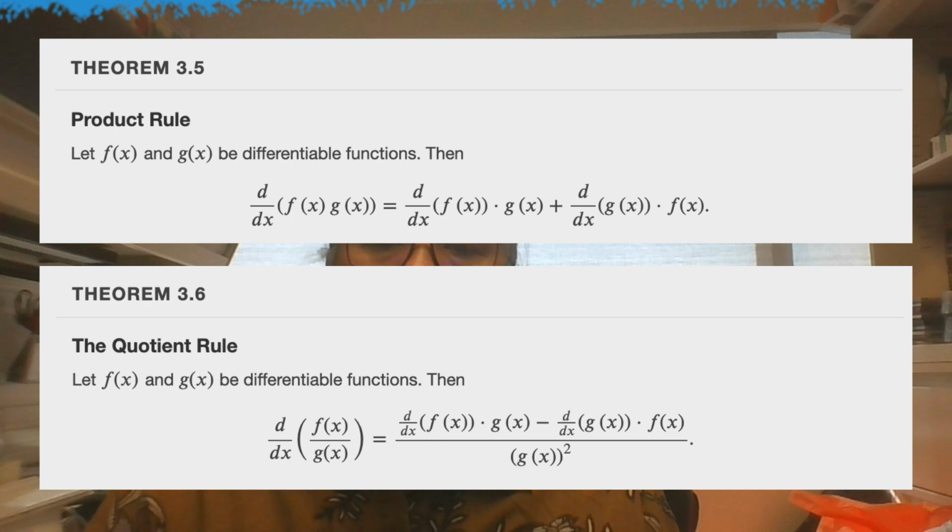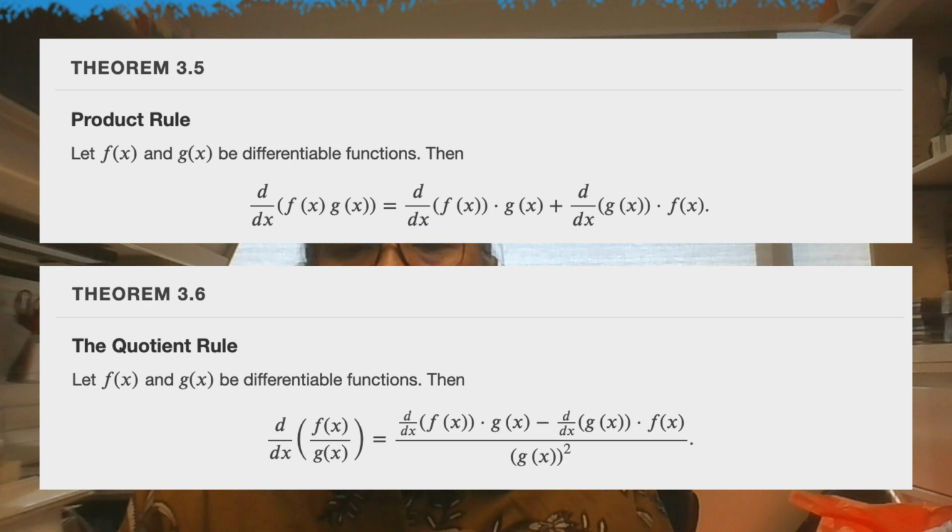The quotient rule is also one of those things that you should try to remember. The derivative of f divided by g is first going to be the derivative of f times the original g minus, now there's a minus sign here, so the order is going to be important, the derivative of g times the original function f, and then that's all divided by g squared.